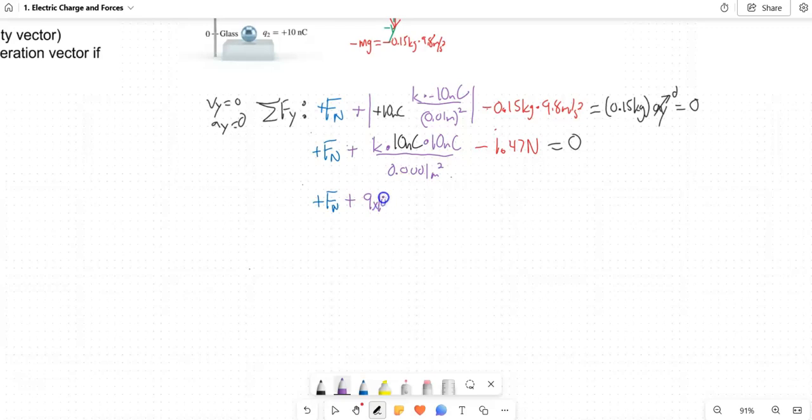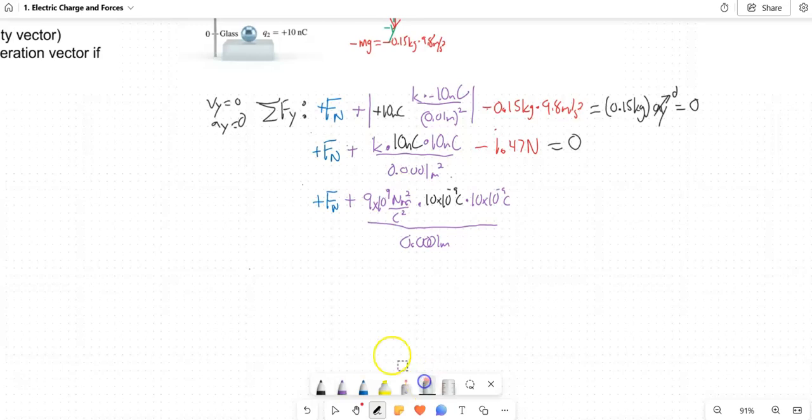We have 9 times 10 to the ninth newton meters squared per coulomb squared times 10 times 10 to the negative ninth coulombs times 10 times 10 to the negative ninth coulombs, all over 0.001 meters squared.